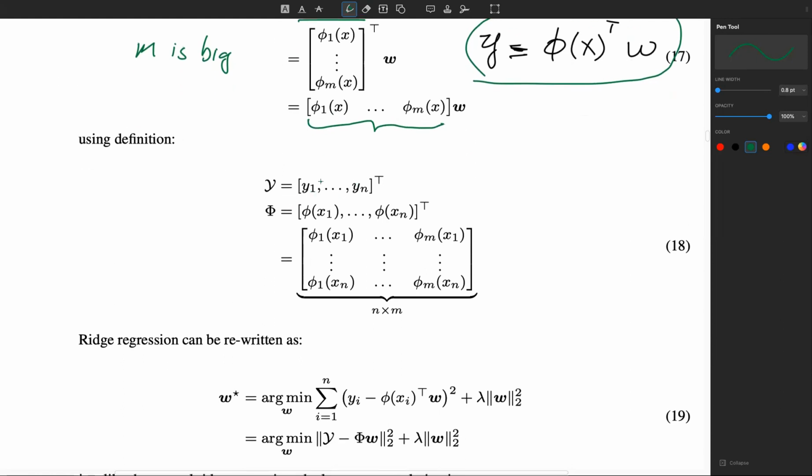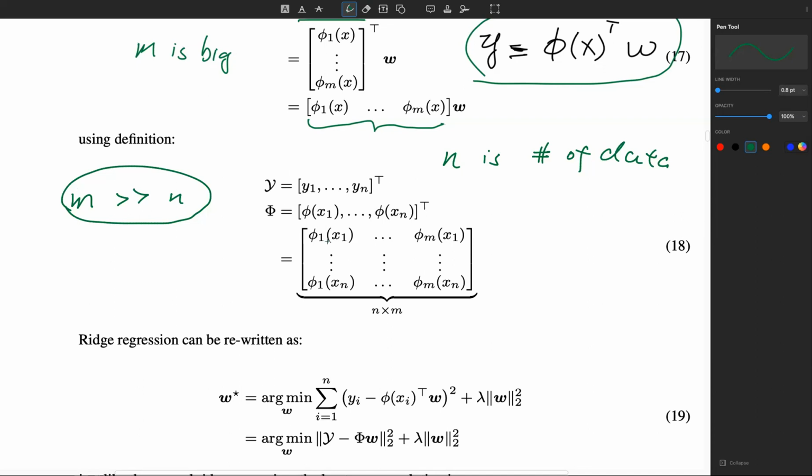If I have a collection of y's, because N is the number of data points, let's assume that in this case M is a lot greater than N. So the dimensionality of the space in which you project your original representation is M, and that number is significantly larger than the number of data points, which is N. Okay? So M is a lot greater than N.